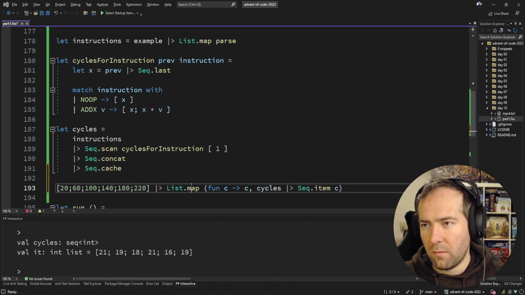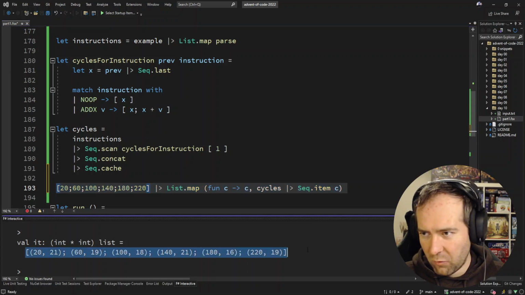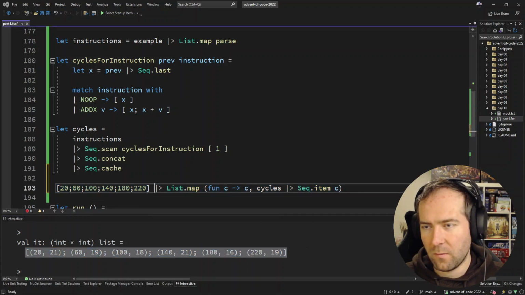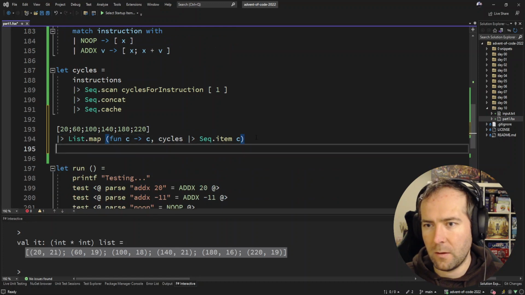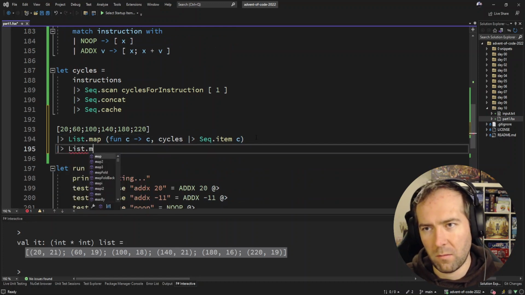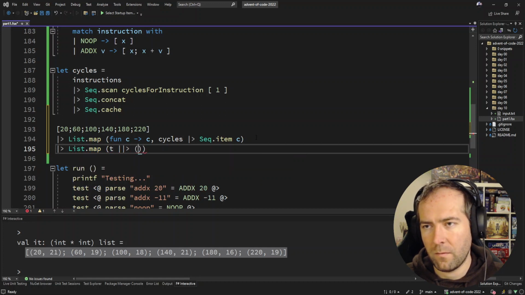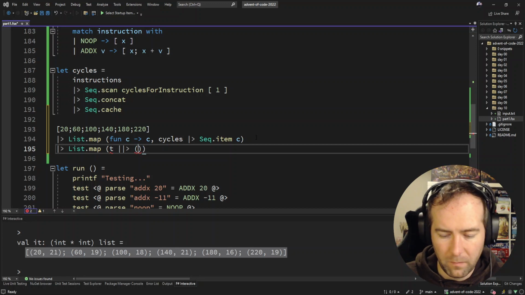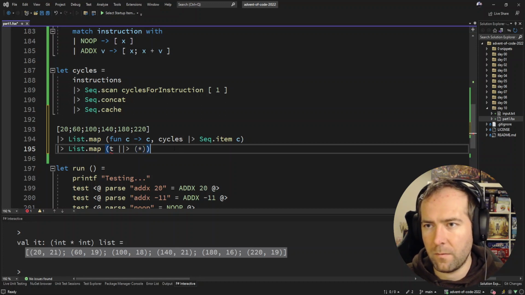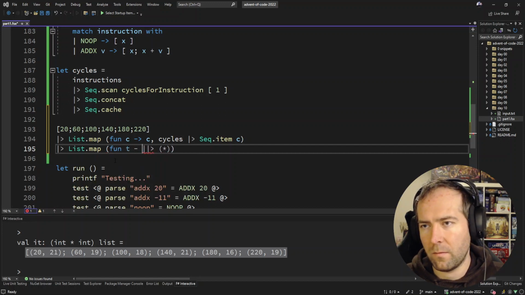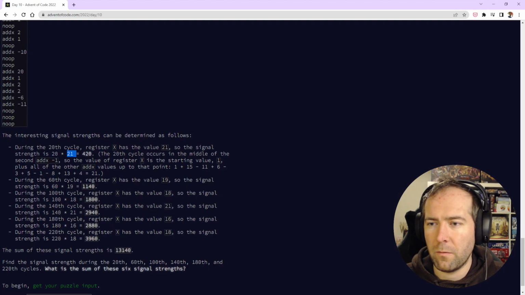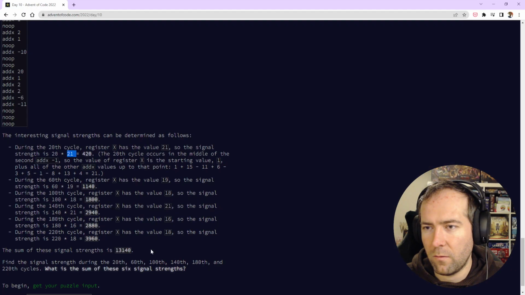So let's first map them into tuples so we can keep track of what we're doing, and then do the multiplication. So that's List.map, and let's multiply the values in the tuple. There we go. 420, 1140, 1800, 2940, 2880, 4180.